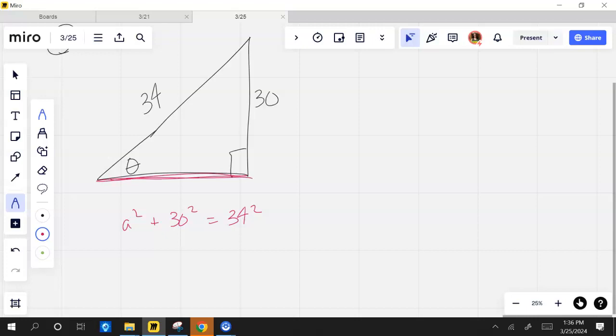So 34 squared minus 30 squared gives me, whenever you find the side, if I square root this to find the missing side, right? If it's not a perfect square, you might have to simplify it. In this case, it was a perfect square. And it was 16.